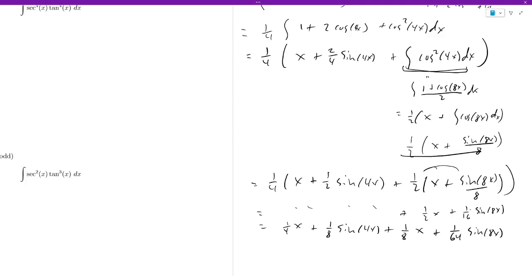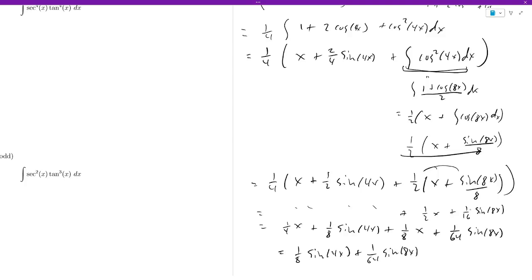Okay, definitely a mouthful. Can we simplify anything? The x's can go together. So I have a 1/8 sine of 4x plus a 64th sine of 8x. I can't combine those, sadly.